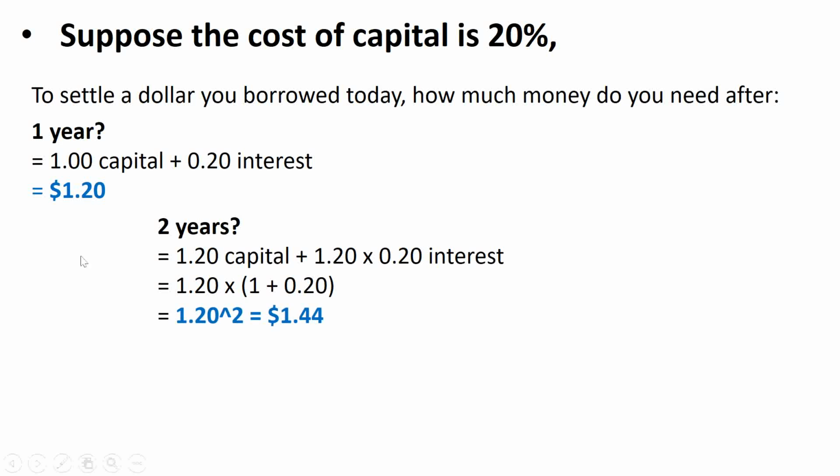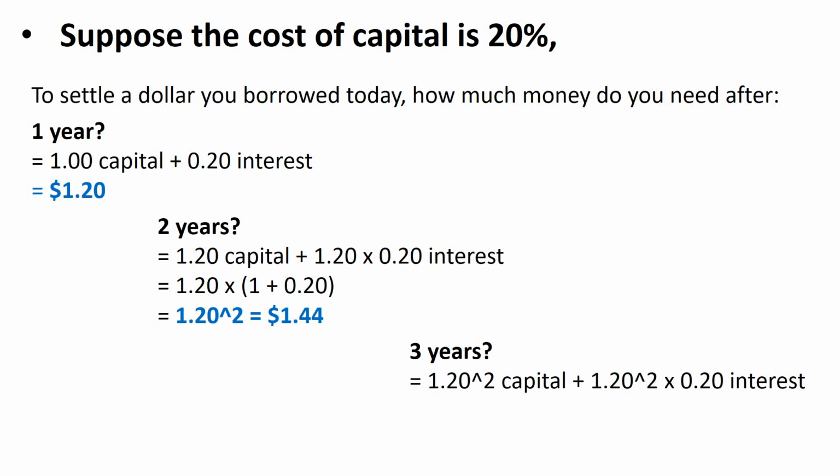So note, you paid 20 cents in interest. The second year you're paying 24 cents in interest, because now you got to pay interest on the interest. But let's say you couldn't settle it in 2 years, you had to wait till 3 years. Well, how much do you have to pay at the end of 3 years? Because now it's like in the third year you're borrowing $1.44 because you didn't settle it in the second year.